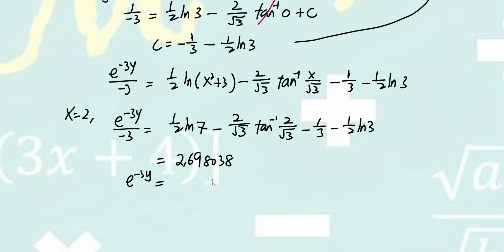And now e minus 3y, just times the minus 3 to the right side. So you times minus 3. Okay, there's some mistake here.